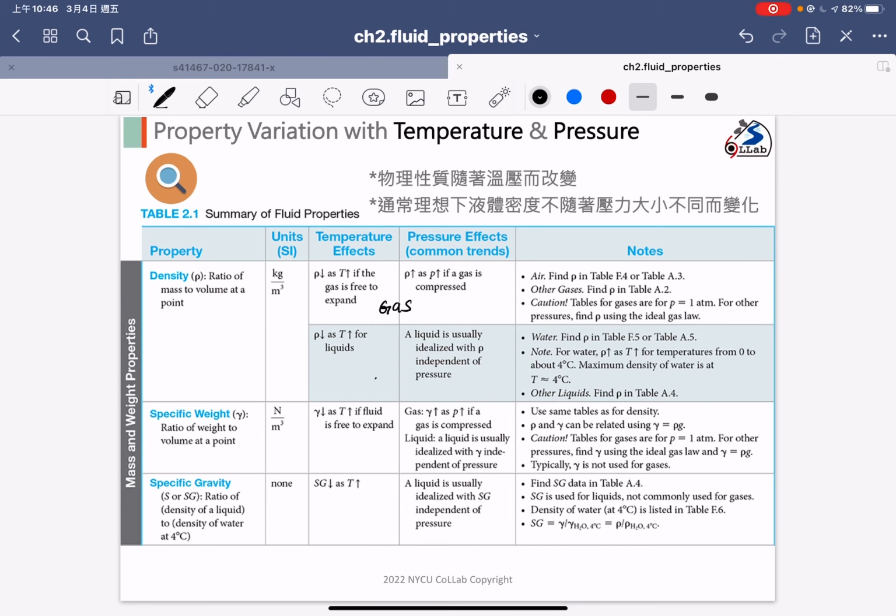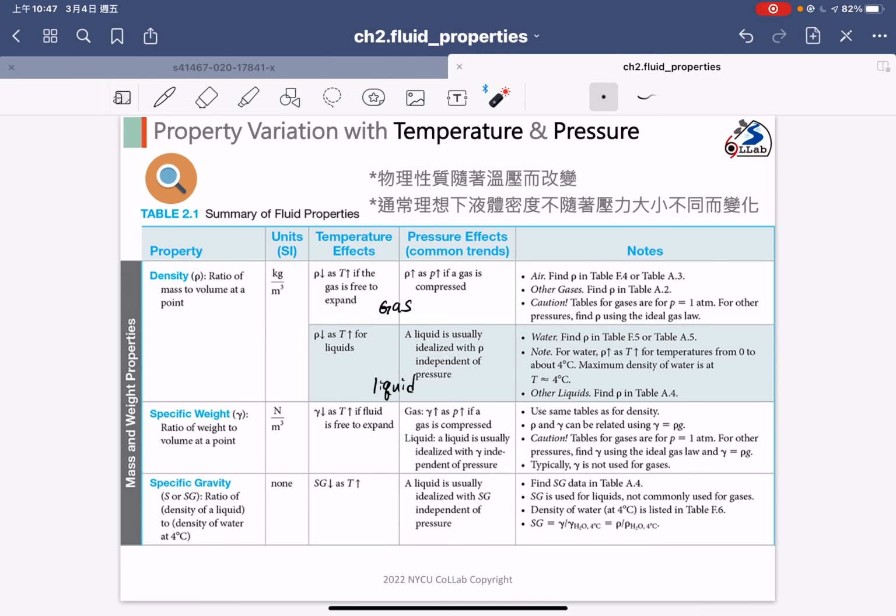And the bottom here is for the liquid. So for the liquid, if you focus on the temperature increase, the density also decreases, right? But as I mentioned, the liquid is very difficult to compress. So for the liquid, the density doesn't change with the pressure. As you see the sentence showing here, the density doesn't change when the pressure changes for the liquid.